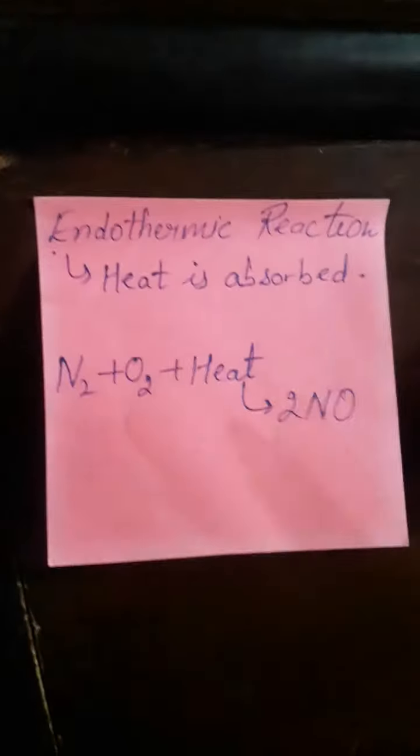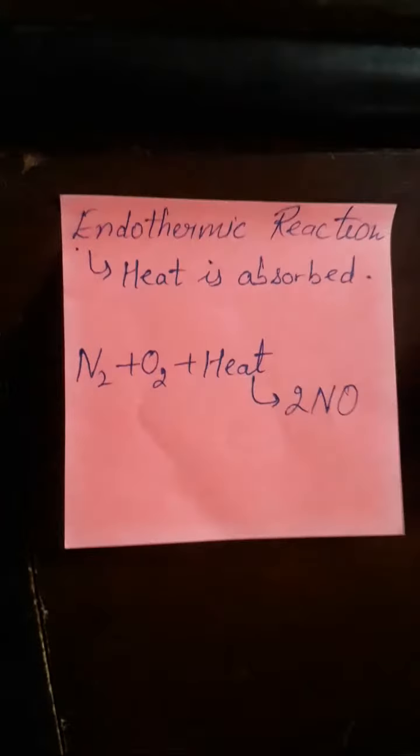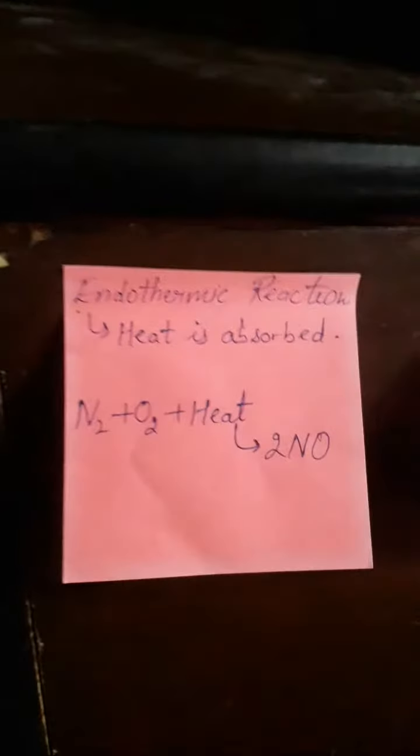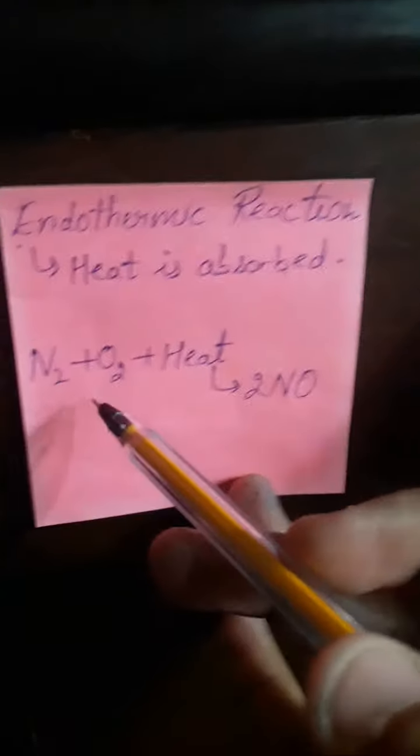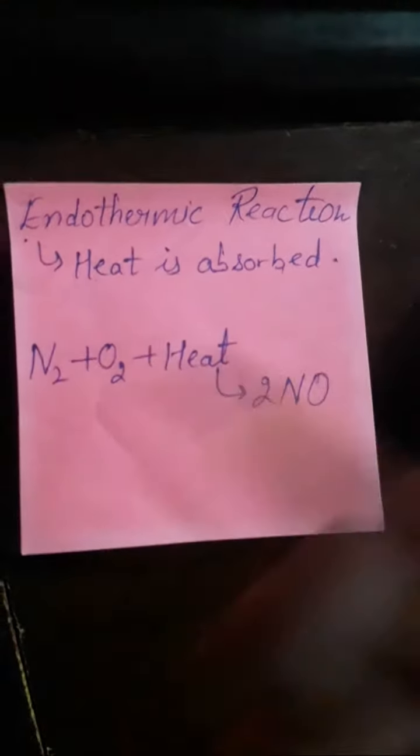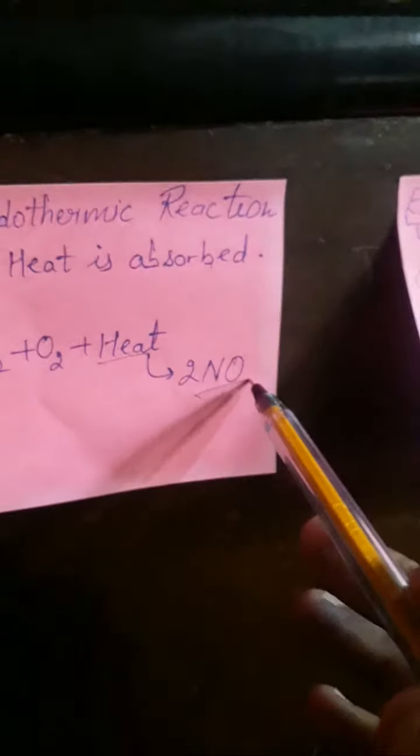So next we are going to talk about endothermic reaction and exothermic reaction. First of all we talk about endo. Endothermic reactions are those reactions in which heat is absorbed. It means that for this reaction to proceed, we have to apply heat. N2 and O2 combine when they get heated and form 2NO.